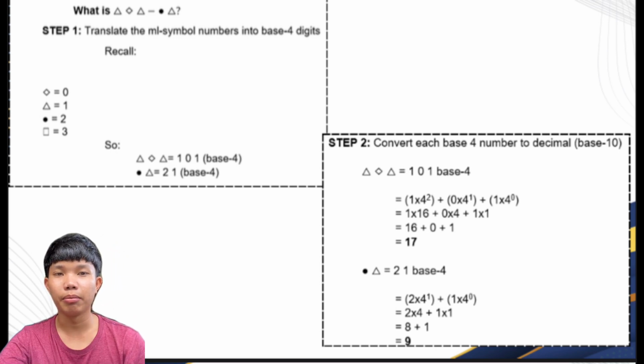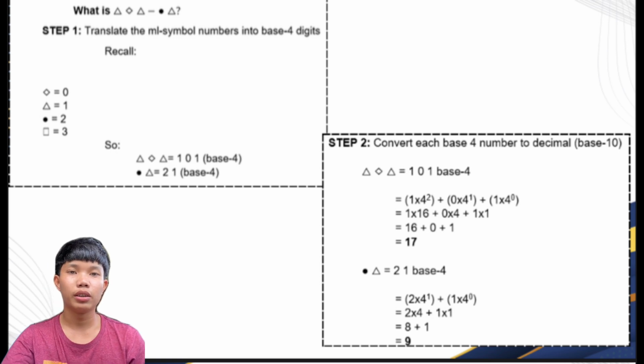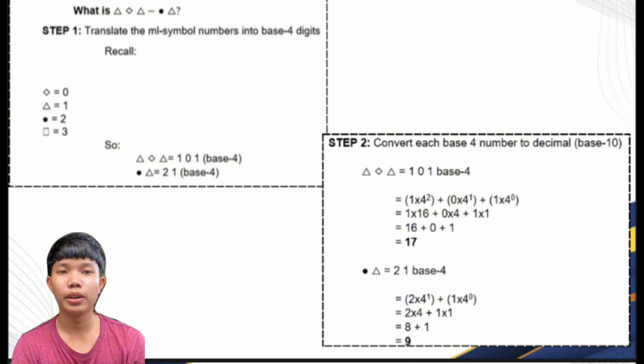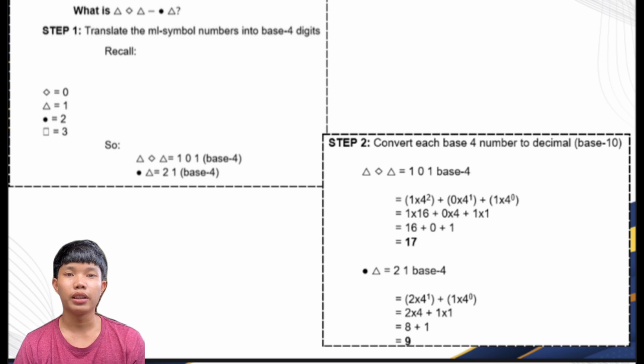Next, beta alpha is equal to 21 in base 4. 2 times 4 to the first power plus 1 times 4 to the 0 power is equal to 2 times 4 plus 1 times 1, which equals 8 plus 1, which is equal to 9.